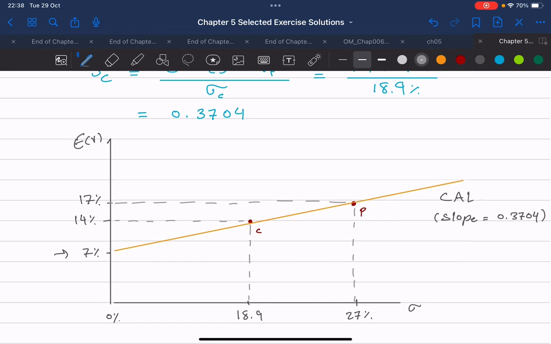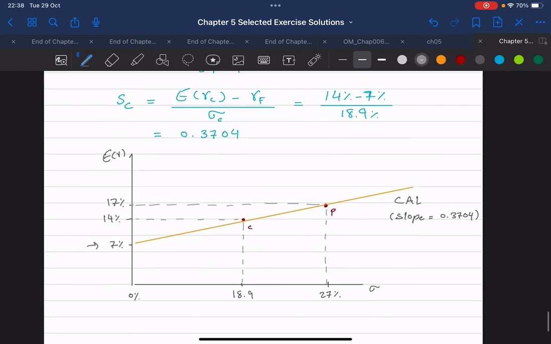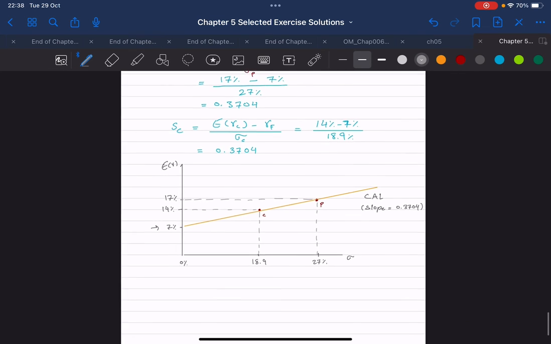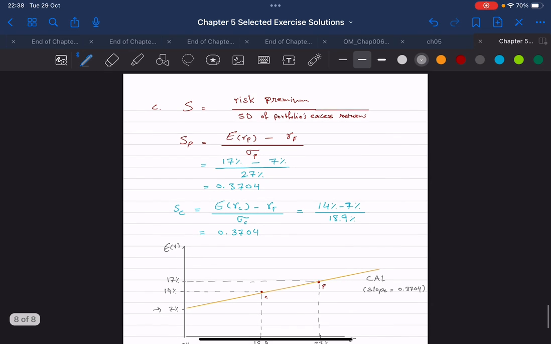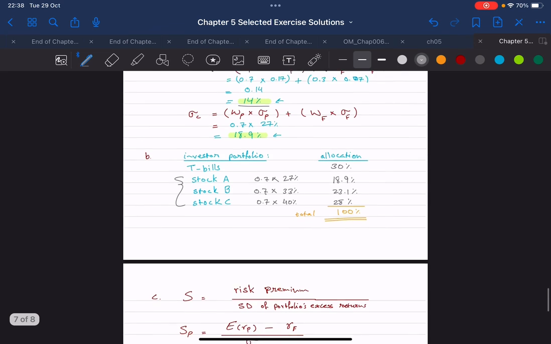That's how you can sketch this, and this is how you solve a similar question. It's relatively long, but hopefully this video helps you understand how you can go about solving such a question.